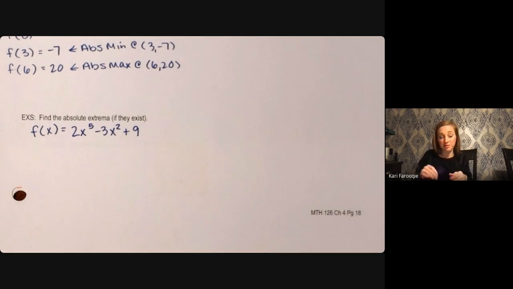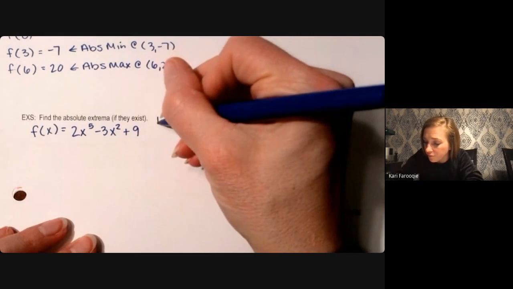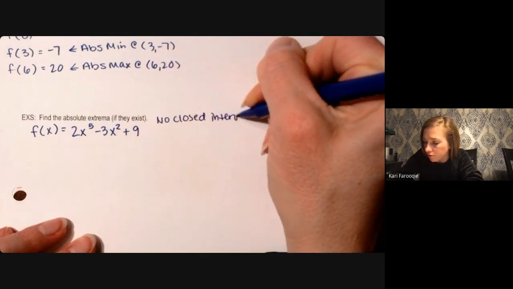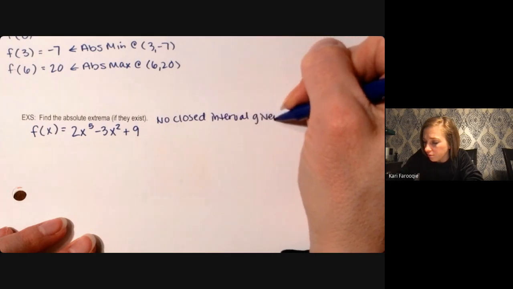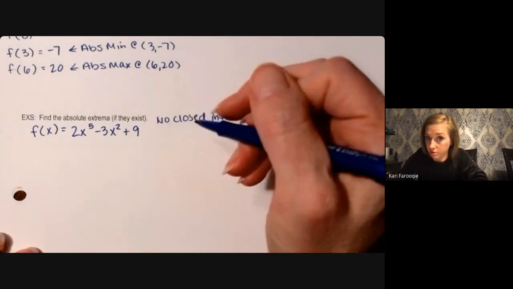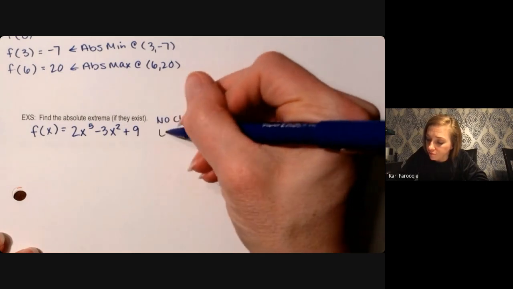Because I'm not giving you an interval, no closed interval is given. So that means that we're looking at the absolute extreme behavior on the entire real number line.